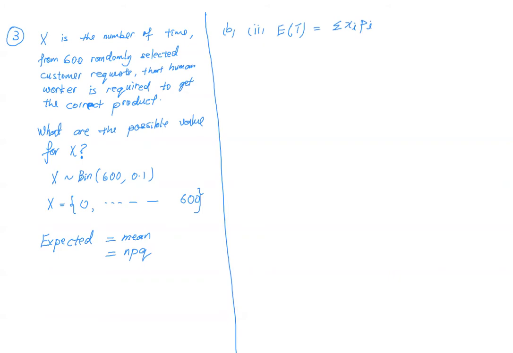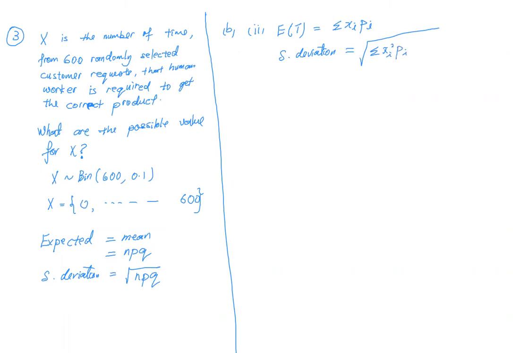Other than knowing the expected value, you also have to know the standard deviation. The standard deviation for binomial is square root of NPQ. Then the standard deviation for this one: square root of sum of xi square pi.